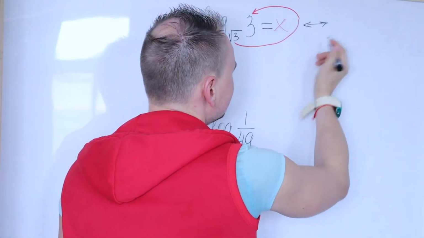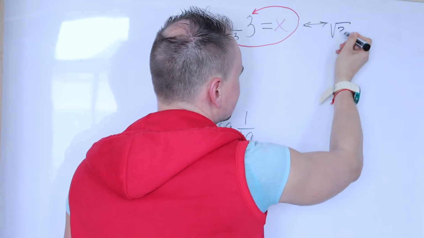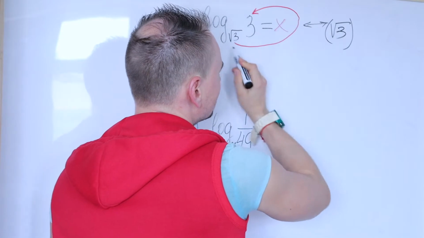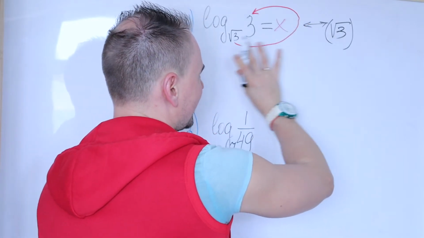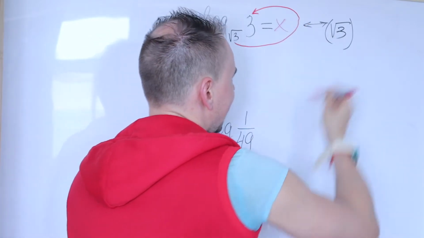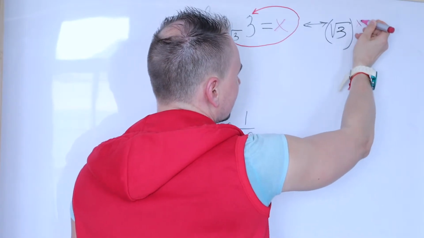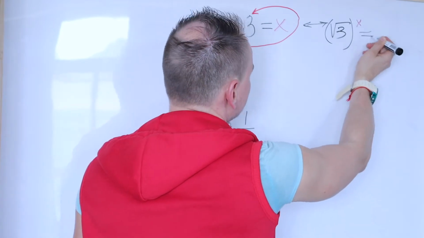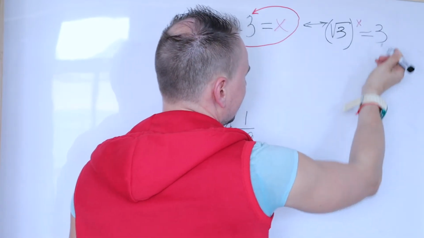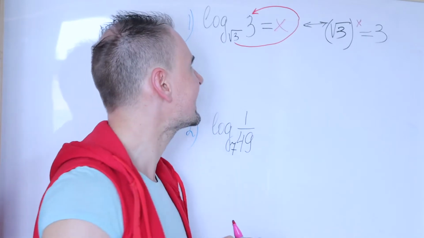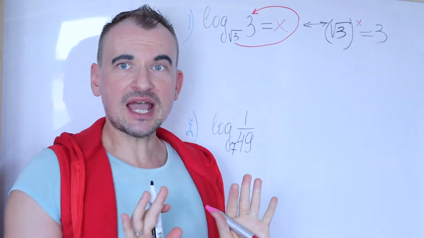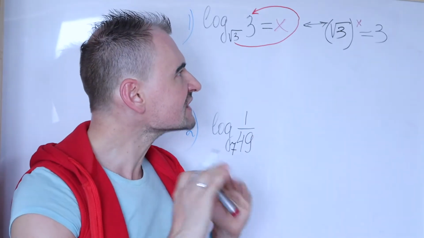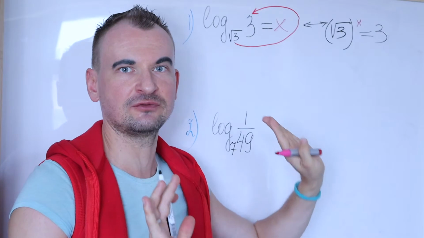So it's the same thing as you take this root of 3 and you raise it to whatever you have on your right side. So you raise it to this x power, and that's equal to this middle number 3 that hasn't been used yet. Alright, so this pattern is rewritten into exponential form.